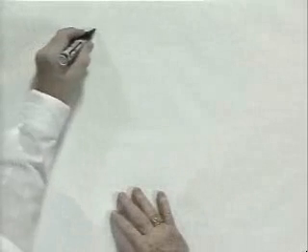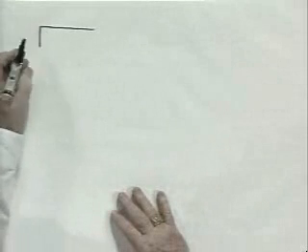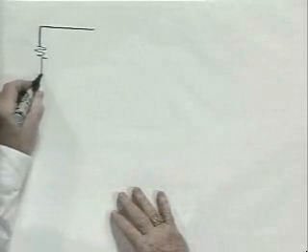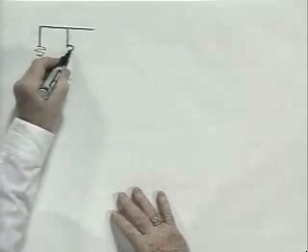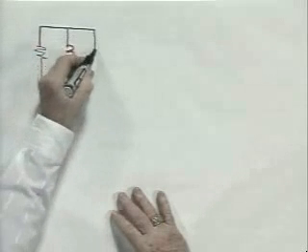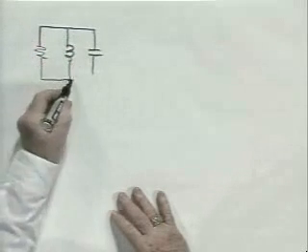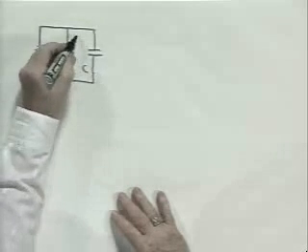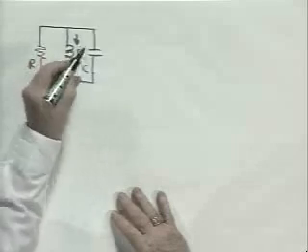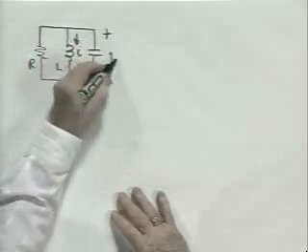If we repeat the circuit here with the source removed, since it produces no current once t equals 0 has passed, here's our circuit. RLC. This is the current we're looking for, and this is the voltage.